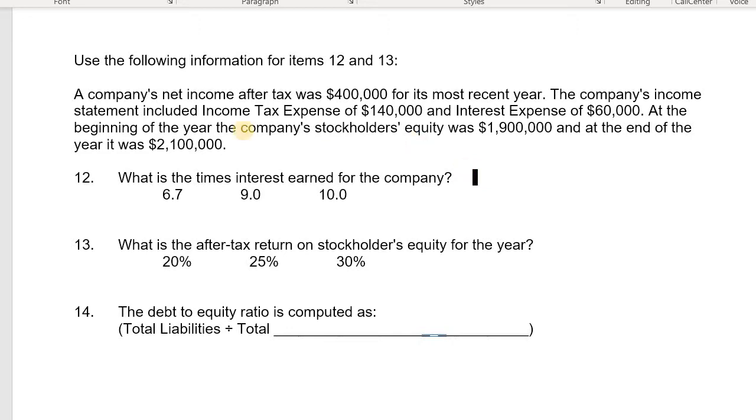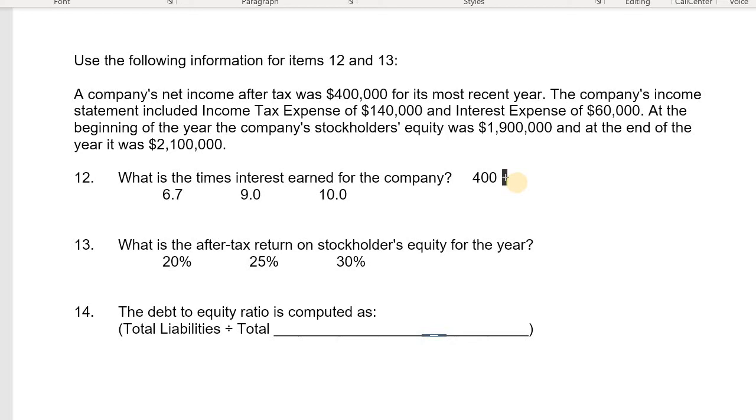We know that the income after tax was $400,000. So that's the bottom line. Well, we had to deduct some things to get to there, and what we deducted was our interest expense and our income tax expense, which are related to each other. So if we'd like income before that, we have to add them back.